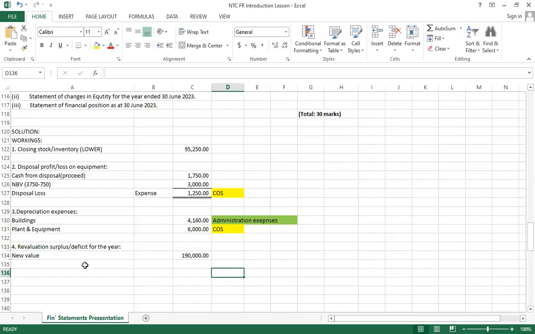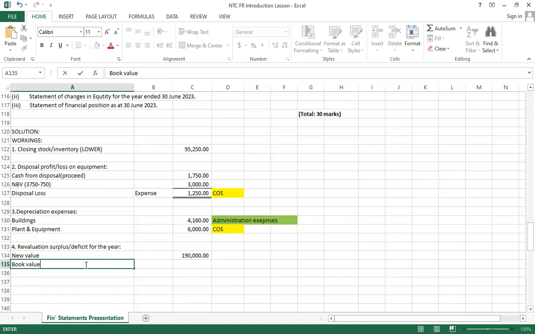Compare this with before you revalued them: what is their book value, the net book value before we revalued them?